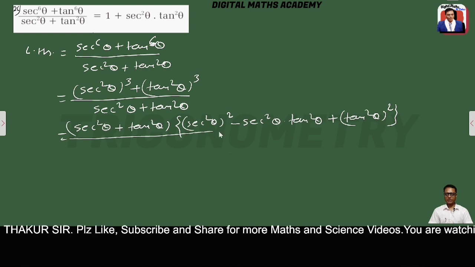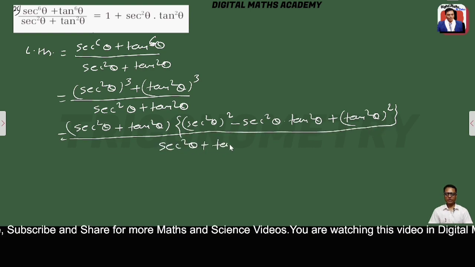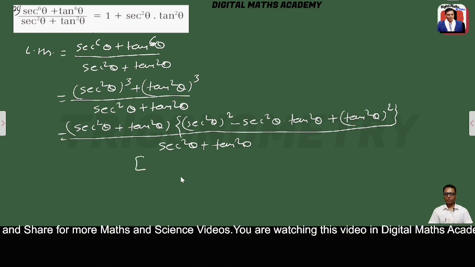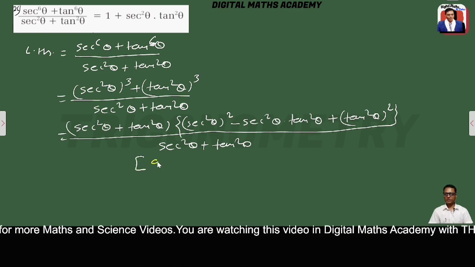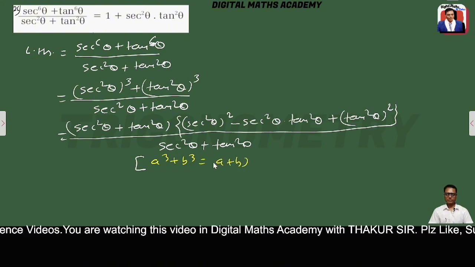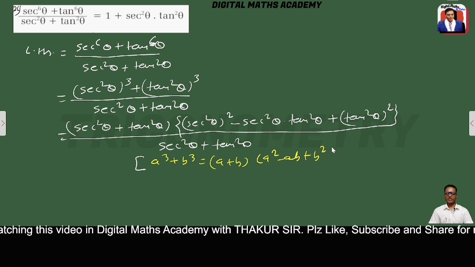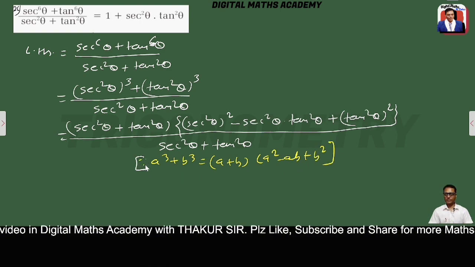And over at the denominator we write sec square theta plus tan square theta. So we know one formula, that a cube plus b cube equals (a plus b)(a square minus ab plus b square). That's the formula, so we apply this formula here.